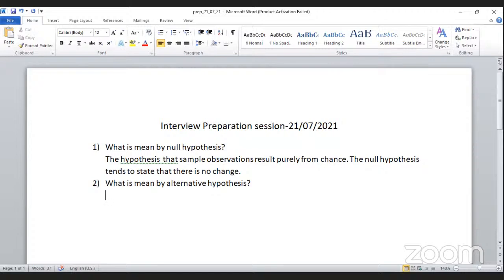Yes, Sam, H1. That is the representation of the alternative hypothesis. But what is the meaning of that alternative? I explained that meaning earlier, but you have to frame it in words.